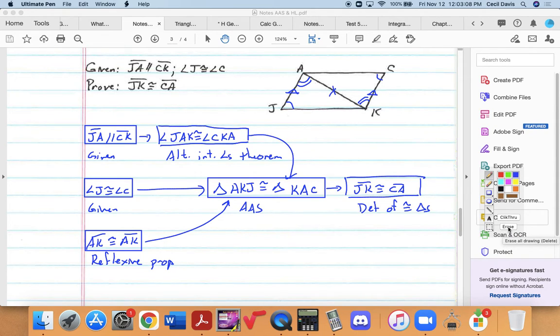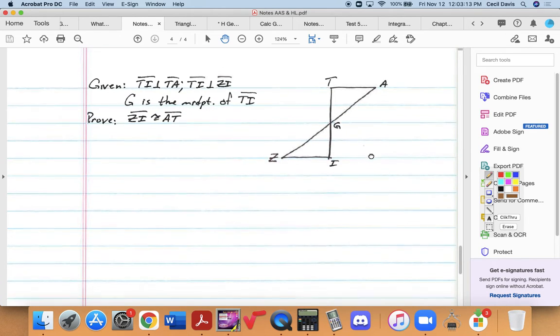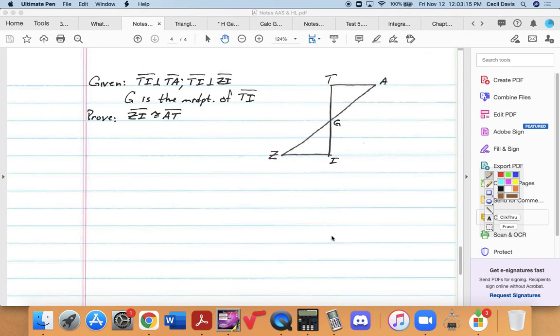I don't think we have quite enough time to do the last one, but let's go through the logic of it real quickly. So since I've got perpendicular lines, what am I going to have? Right angles. So I'm going to have a right angle at T and a right angle at I. If G is the midpoint of TI, then what's going to happen?